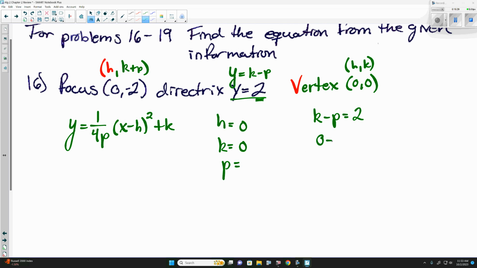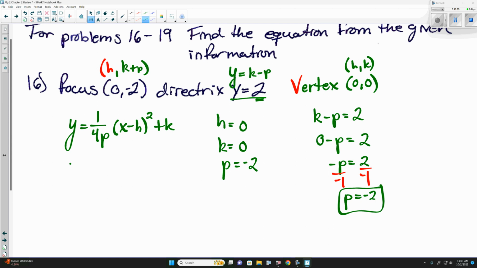Well, we already know the k value is 0. So we're saying 0 minus p is 2. Well, 0 minus p is the same as just saying negative p. We do need to simplify to find out what the value of positive p is. In this case, it is negative 2. Questions on how we found h, k, or p?